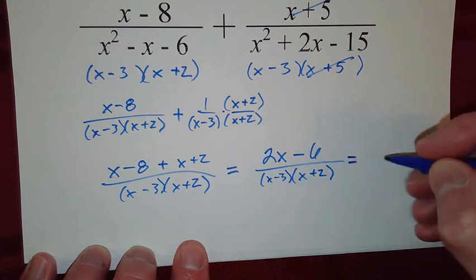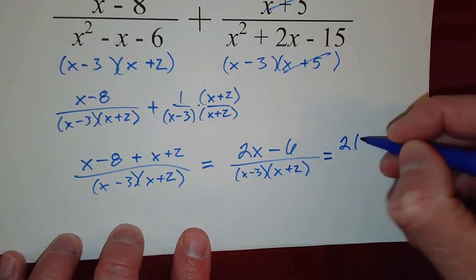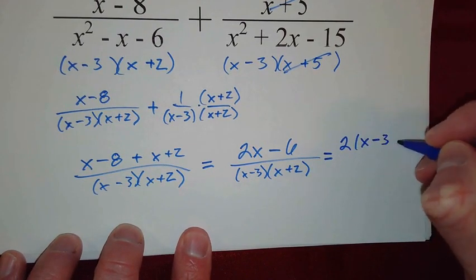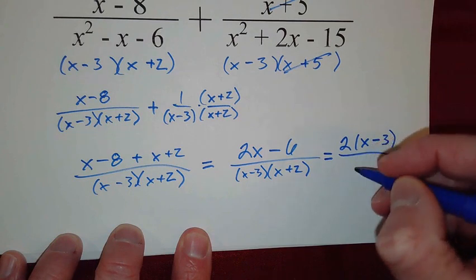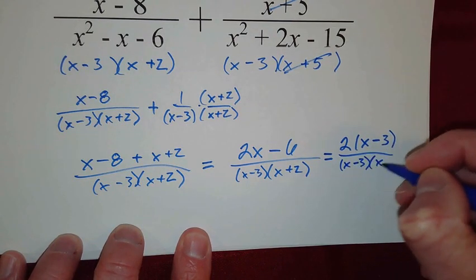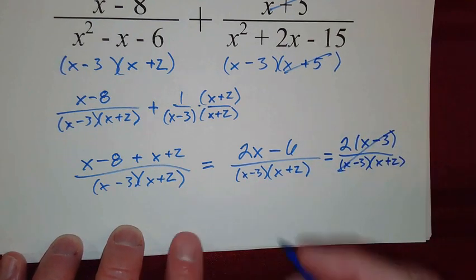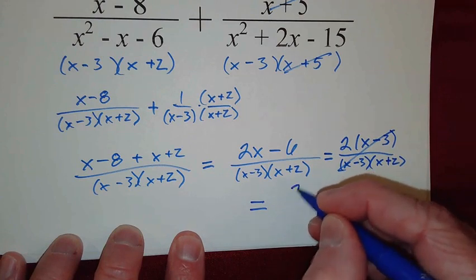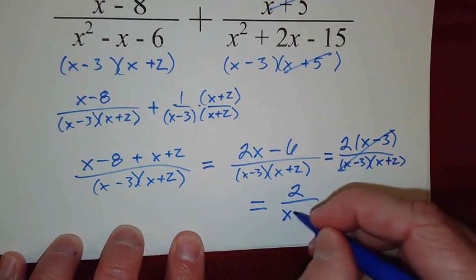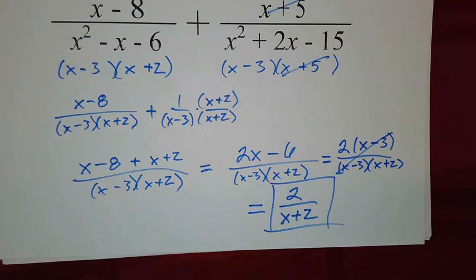So this is also taking into account that sometimes when you factor it out, you have a common factor in the numerator and the denominator. So I am going to factor that out so that I can cancel out my x minus 3's, and I'm left with my answer of 2 over x plus 2, which is kind of a nice way to finish. A lot of simplification there.